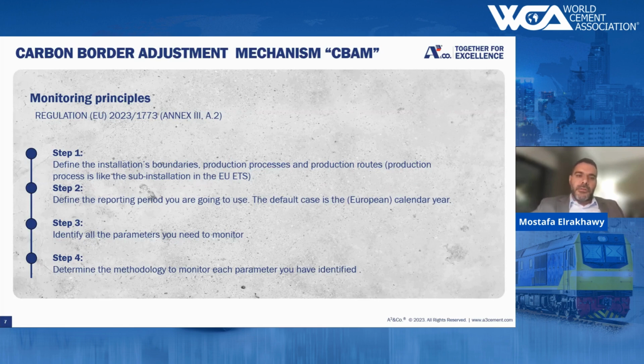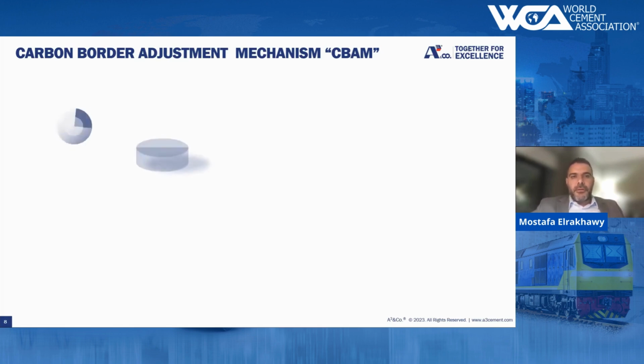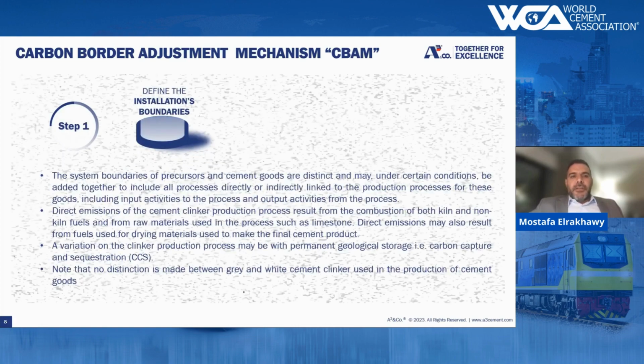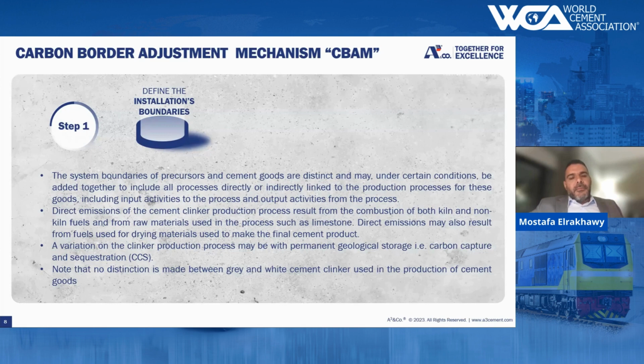I will go through these four steps quickly. So step one, defining the installation boundaries. The installation boundary starts from the cement plant gates. All the input raw materials should be accounted for, and all the input fuels should be accounted for.